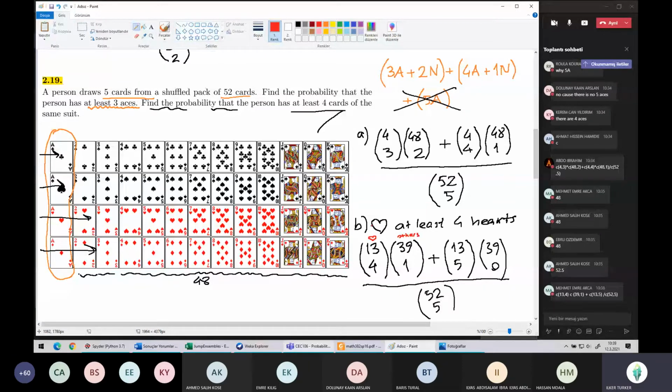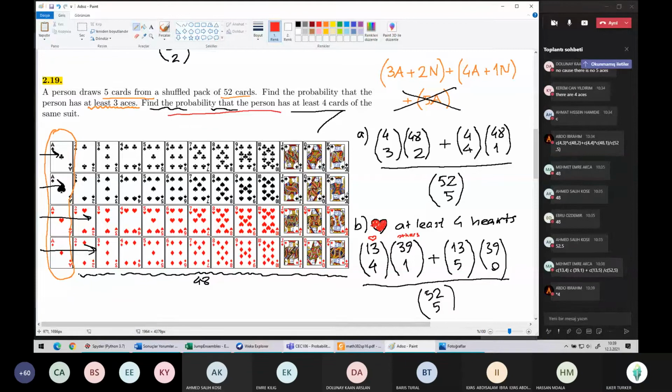I solved the question as the question asks me: find the probability that the person has at least 4 cards from hearts. But it asks me about the same suit. Of the same suit means each suit satisfies the condition.